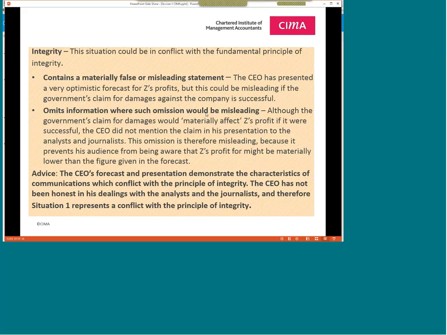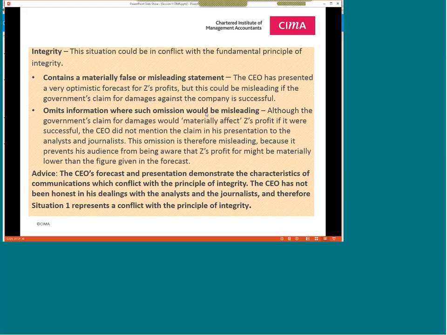So you would state that he's providing them and where exactly, using case study facts. For example, the CEO has presented a very optimistic forecast, but this could be misleading if the government claims for damages against the company.